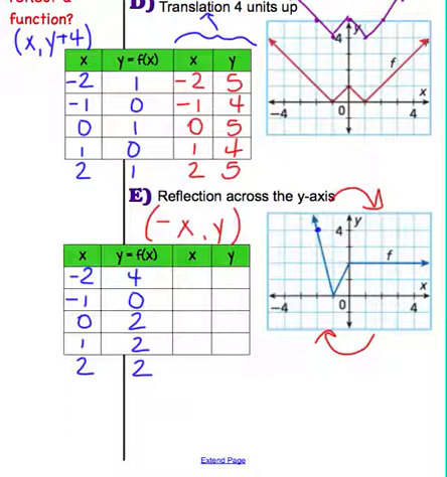So when I go ahead and do that, my x value becomes the opposite. So that means that my -2 goes to +2, and we have 4. Then I go from -1 to +1, 0. From 0, since opposite of 0 is 0, so we still have 0, 2. Then 1, 2 goes to -1, 2. And 2, 2 goes to -2, 2.